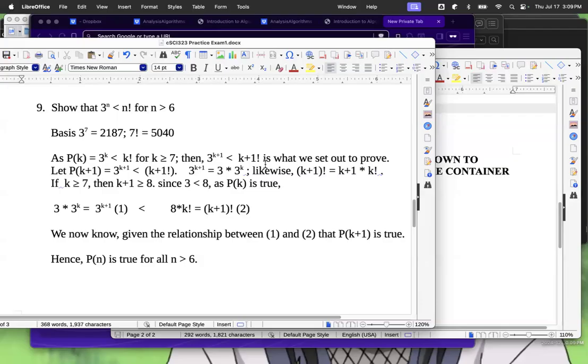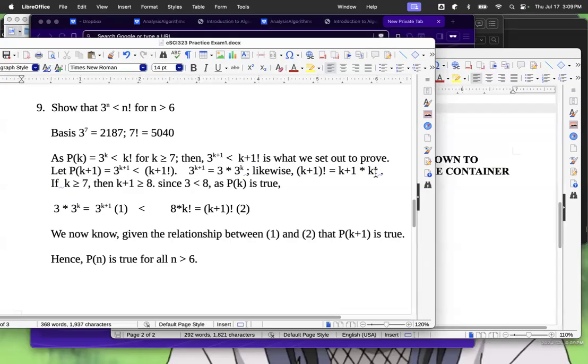Need some more practice, especially for induction. If it's similar to this, then maybe, it depends how comfortable I am with it. I need to practice this more. And you can't really see how you're going from k to k plus 1. This is k. This is k plus 1. Here's the relationship between the two.